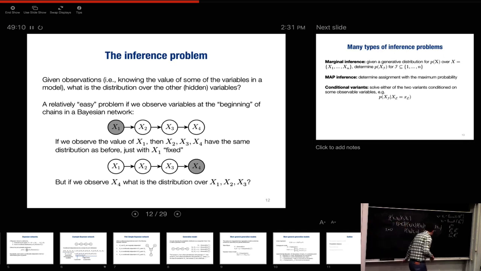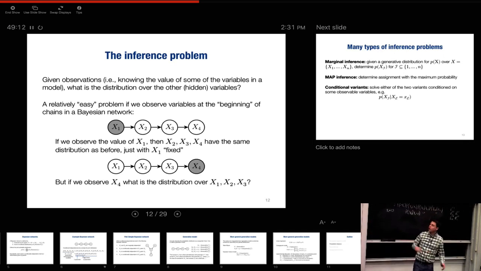That's exactly right. So how would I do that? What's on the left and right hand side in Bayes' rule? P of x3 given x4 is equal to P of x4 given x3 times P of x3, over P of x4.